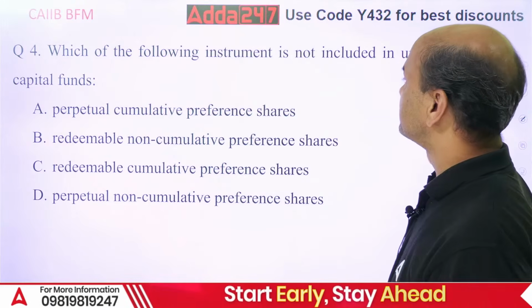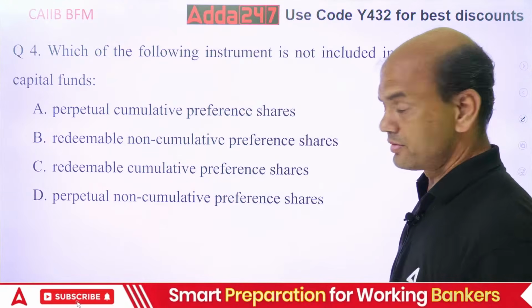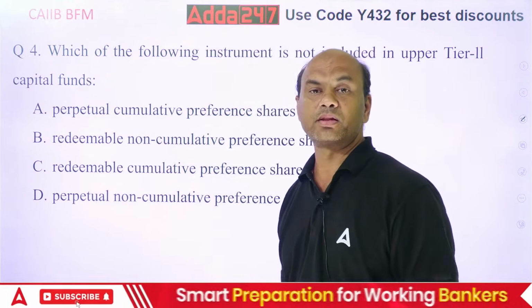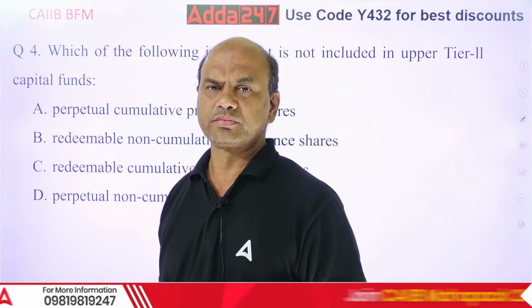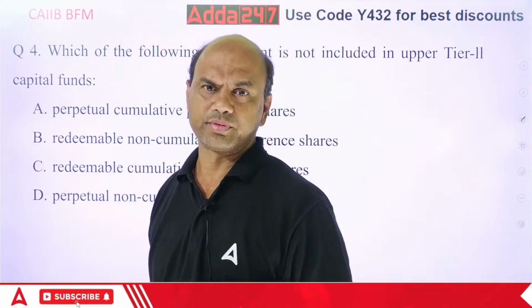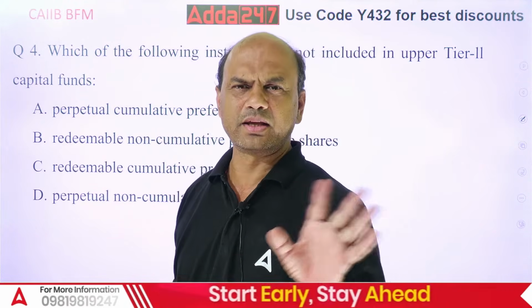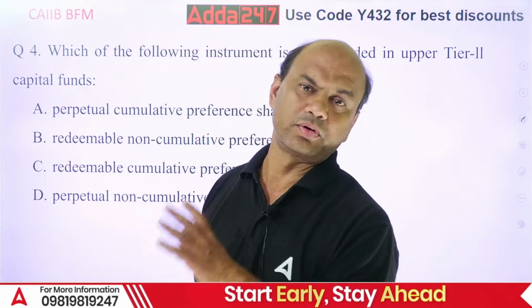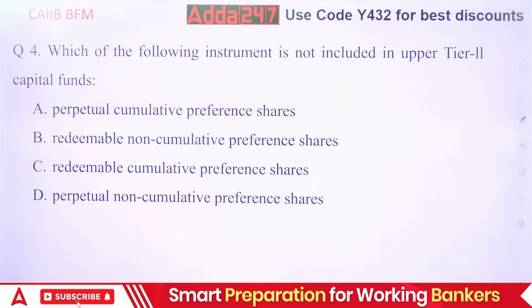Which of the following instruments is not included in upper tier 2 capital? Now, what is upper tier 2 capital? Upper tier 2 capital is near to tier 1 capital. Near to tier 1, which means the bonds over there are almost like tier 1, long term bonds. So which of them are not taken in upper tier 2 capital?